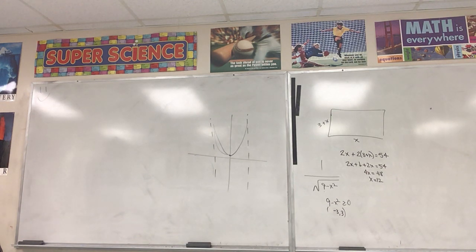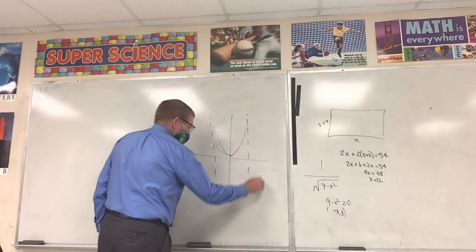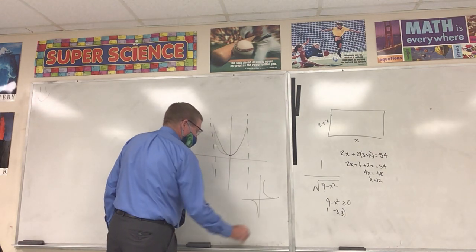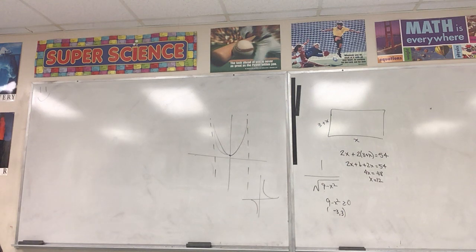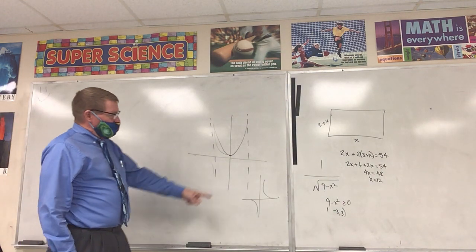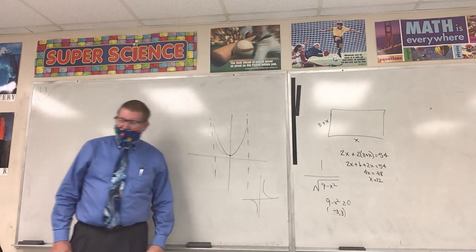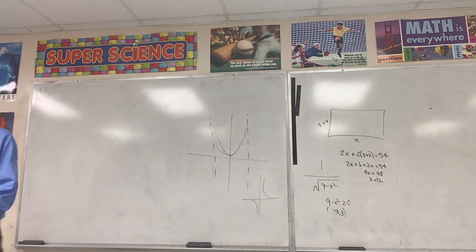Non-removable. What kind of non-removable? We have removable, we have infinite, we have jump, and we have oscillating. Which one is this? Infinite, when it goes to positive infinity and negative infinity, going either direction.